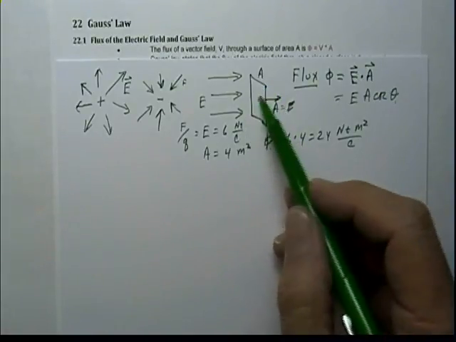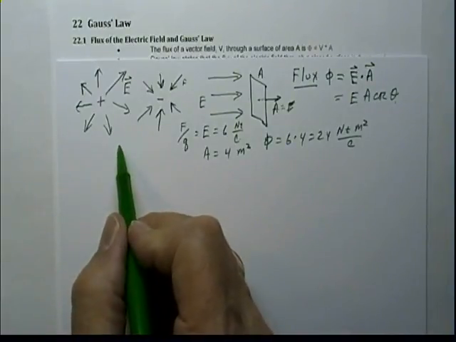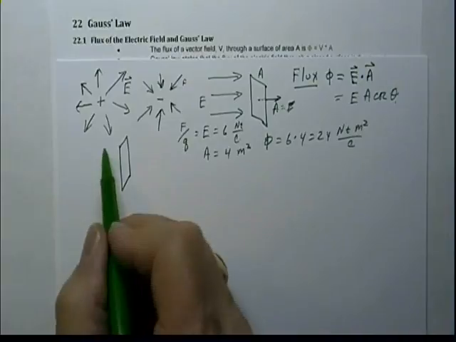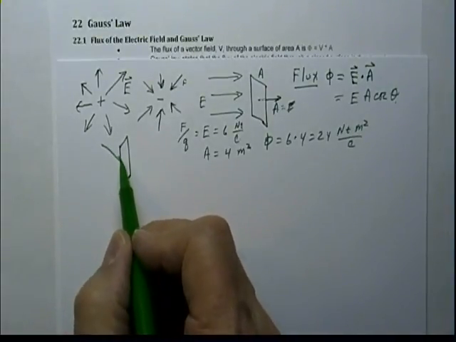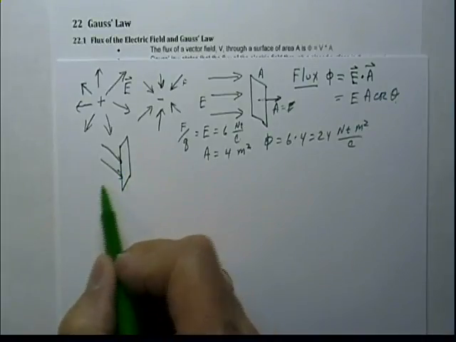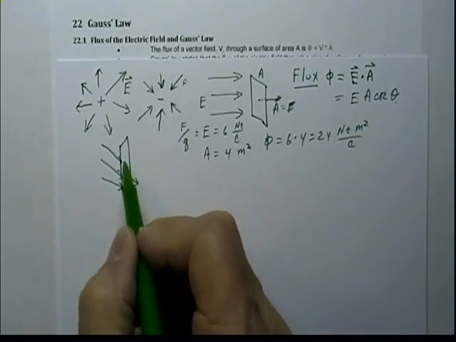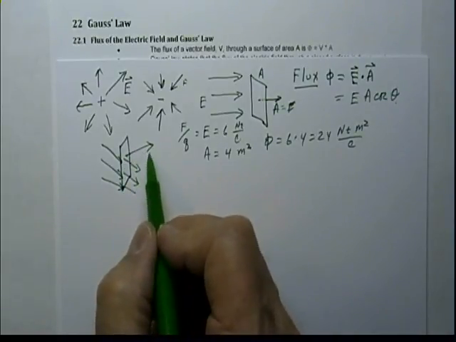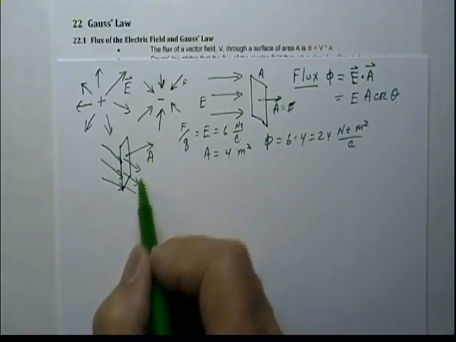In that same sense, if the electric field were to go in another direction, and let's imagine again our area A, but now we're going to take the flux of the electric field as pointing in this direction here and coming through the surface. And the perpendicular to the surface would be the area A here.